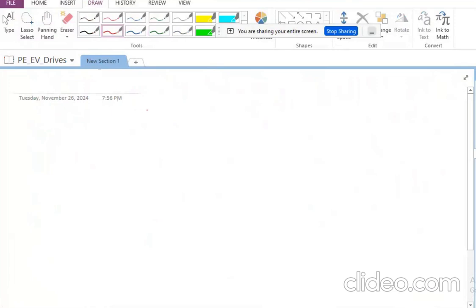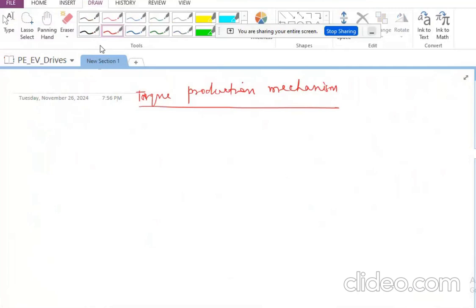So let us look at the torque production mechanism from a mathematical point of view. Let us say I am looking at an induction motor. I said that there are three-phase conductors in the stator.